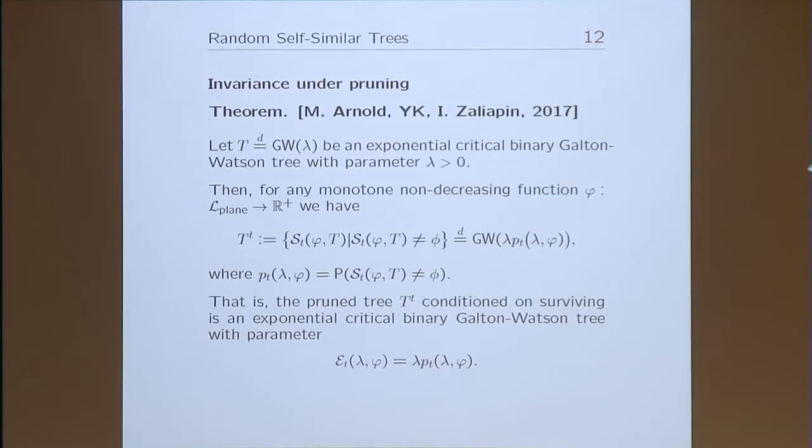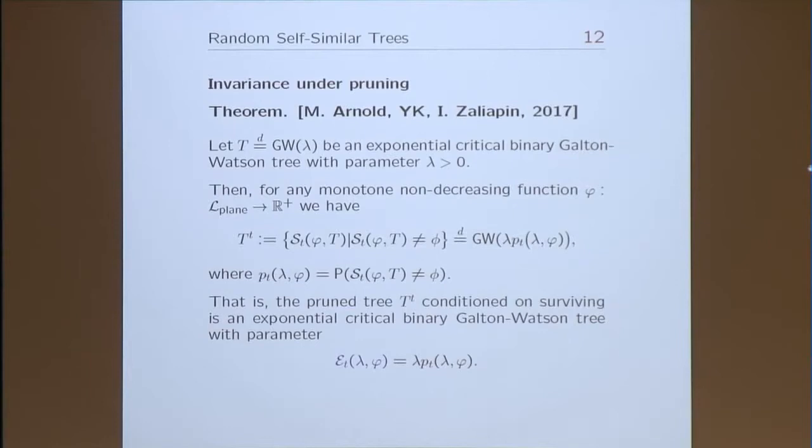And then if you prune it for time t, conditioned that after time t the tree didn't disappear, so it didn't get reduced only to the root, then it's still going to be Galton-Watson and still critical and still with exponential edge lengths, except the exponent is different. It can be represented as L times P sub t.